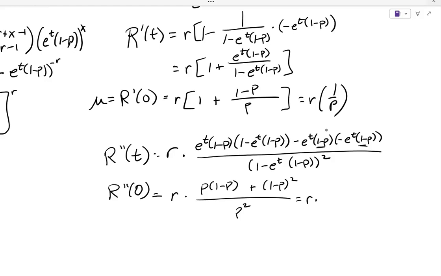What do you think the numerator might simplify to? 1 minus p. Okay, let's see what it does. You see anything that factors out of the top? 1 minus p. In the first term, we're left with p. In the second term, we're left with 1 minus p. Hey, look at that. That becomes 1, doesn't it? I'm so shocked.